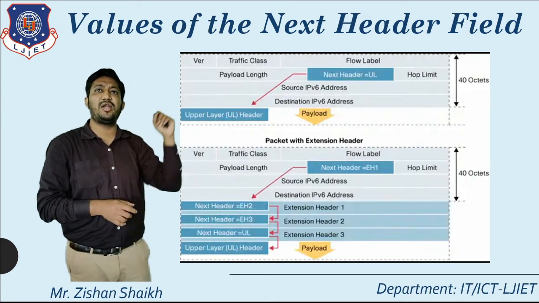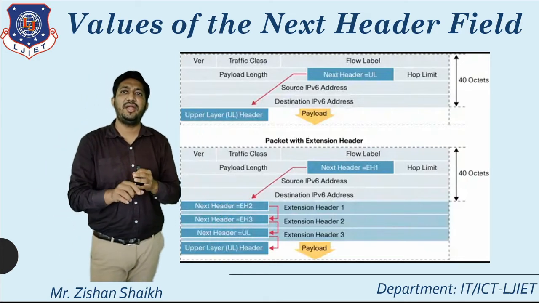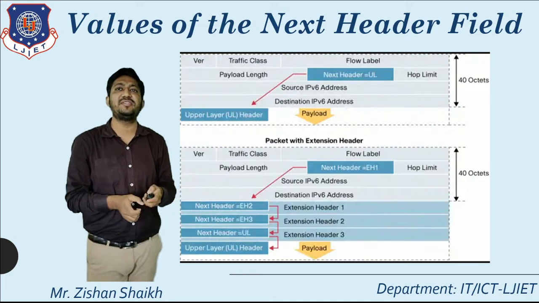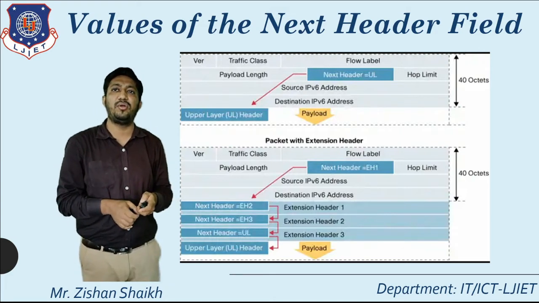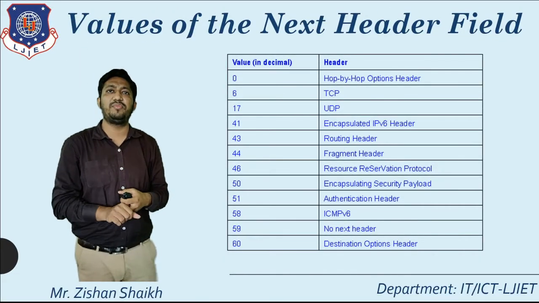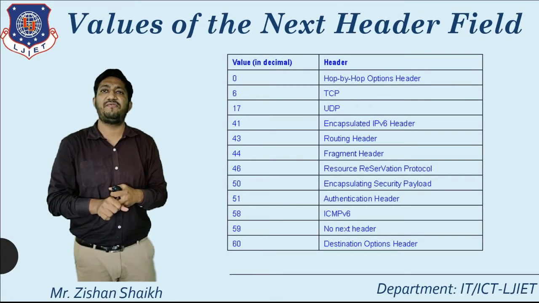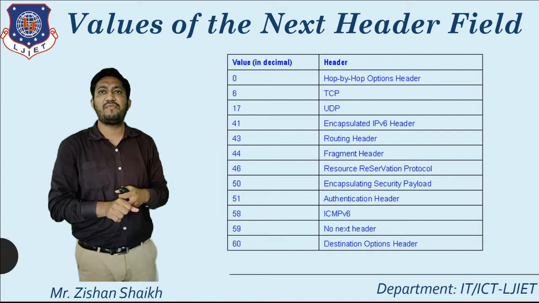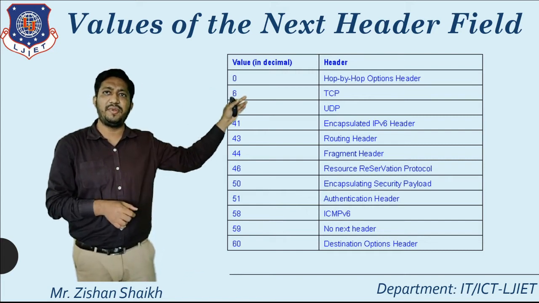So basically when we are talking about the next header field, it will identify which services are available from the particular IPv6. A number of services are available from the next header fields, and for that a specific value is identified. If the upper layer is using TCP, then the value is 6.